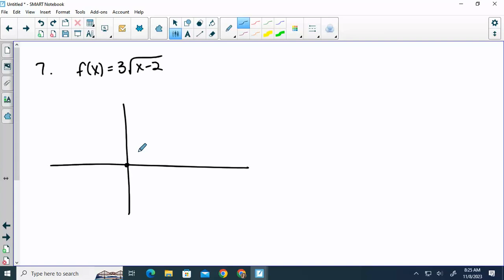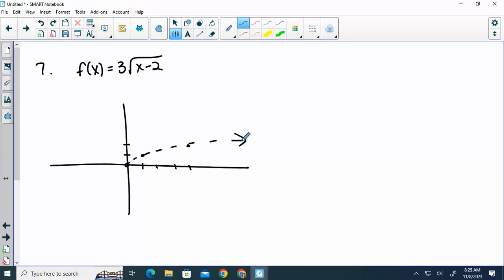So since we're doing the square root, it would probably be helpful to do things we can do the square root of. So square root of 0 is 0. Square root of 1 is 1. Square root of 4 is 2. So that's my parent function.